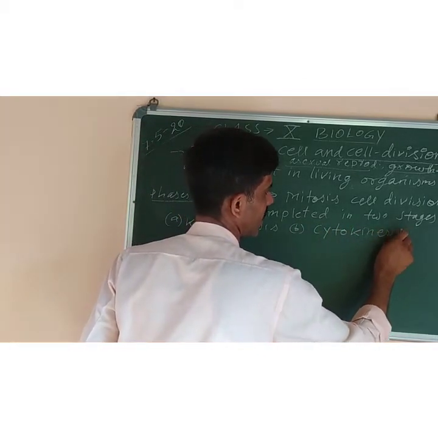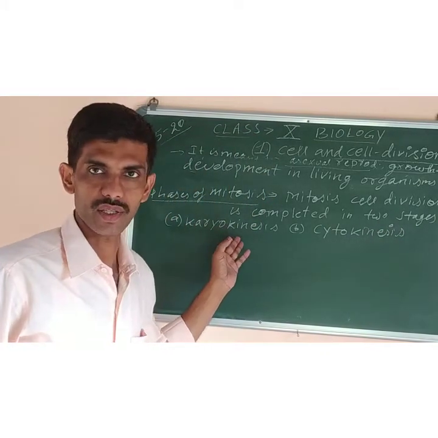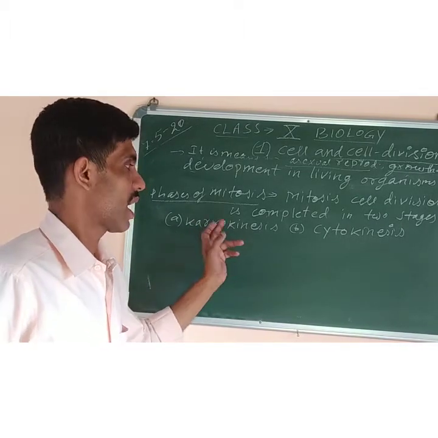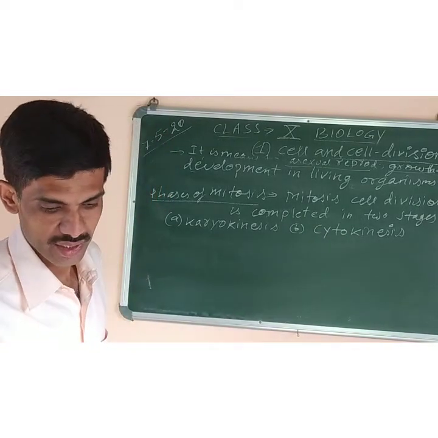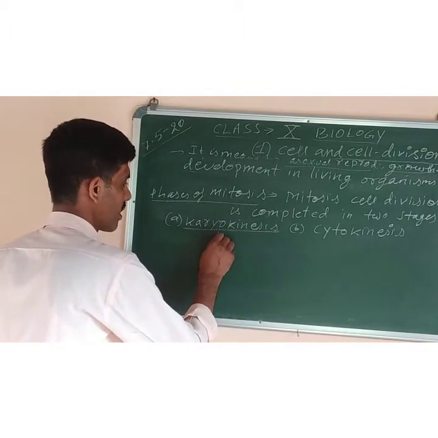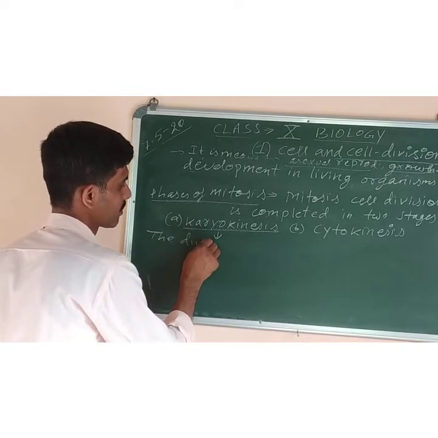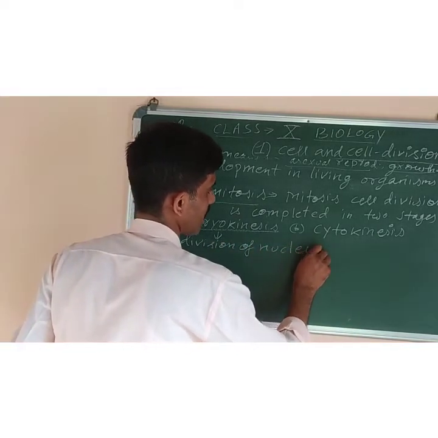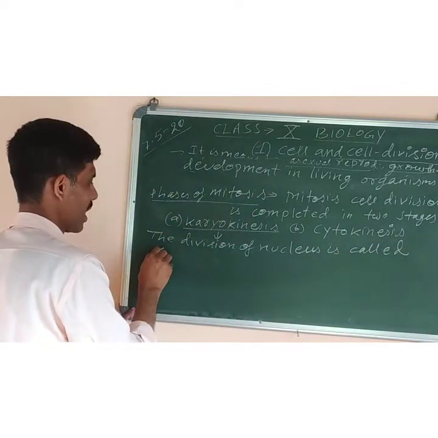Already we have done in the table karyokinesis and cytokinesis. Karyokinesis means division of nucleus, or the nuclear material divides equally into two daughter cells, and that is followed by the division of cytoplasm, which is known as cytokinesis. So one by one we will study about karyokinesis first. Okay. So what are the different parts? Karyokinesis means the division of nucleus. The division of nucleus is called karyokinesis.